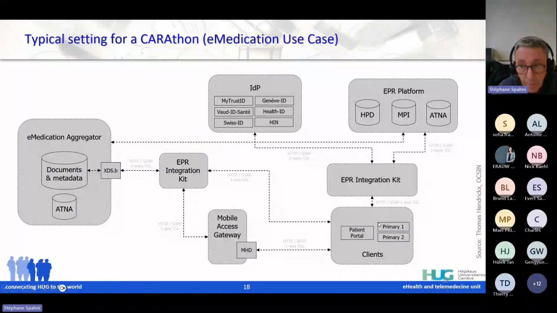And for that, that's why I also mentioned that we have developed a special toolkit. We are testing a primary system against the technical platform, the technical instances of the EPR platform and the identity providers. And CARA has developed a proxy, which is called EPR integration kit, which is in between the technical platform and the primary systems with two goals.